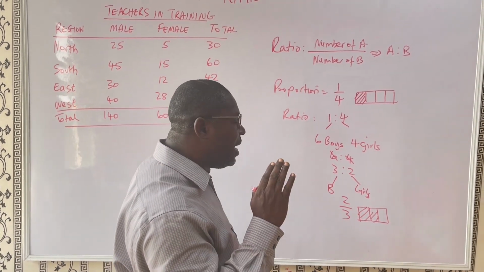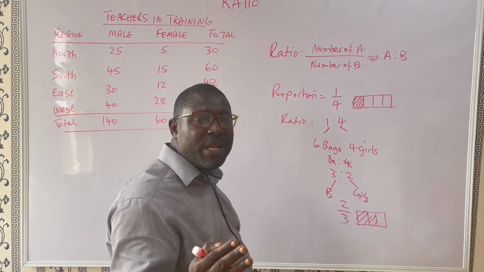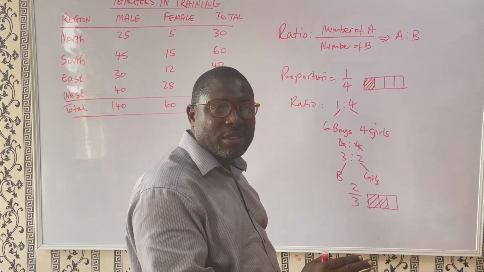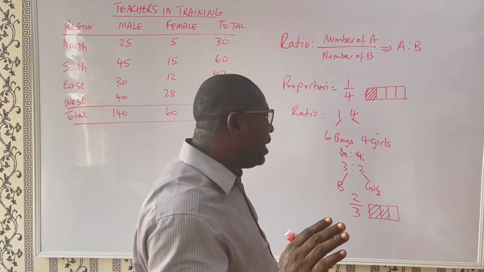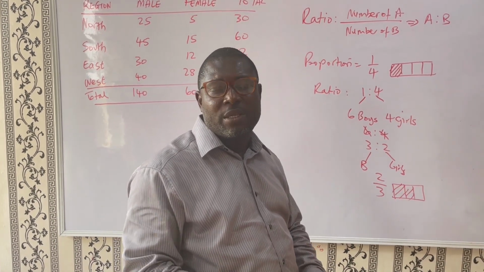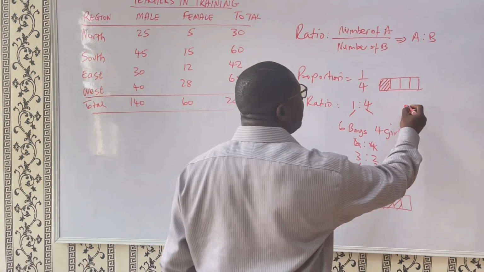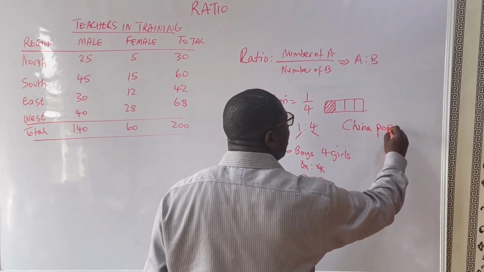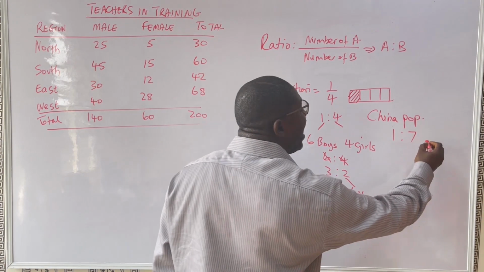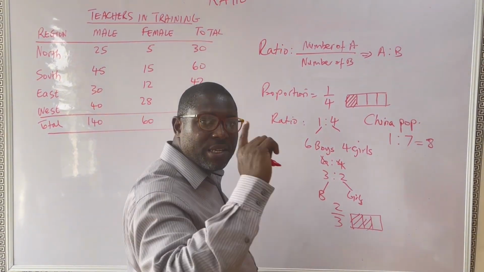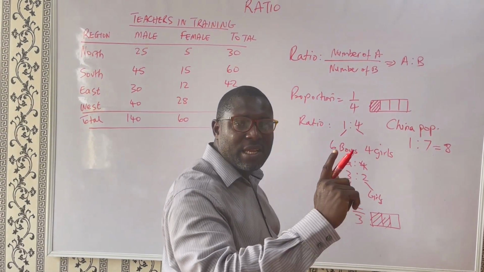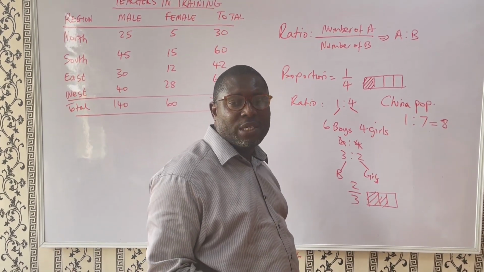Like for example, if we say that China's population is 1:7 of the world, it means that for every 8 persons in the world, 1 is Chinese, and the other 7 are represented by other nationals.